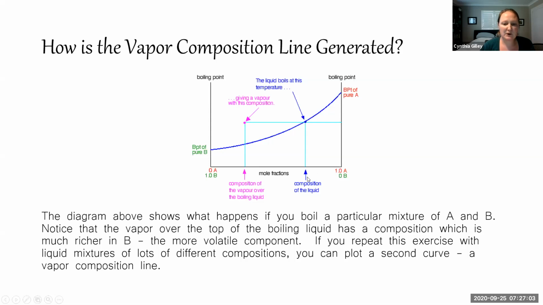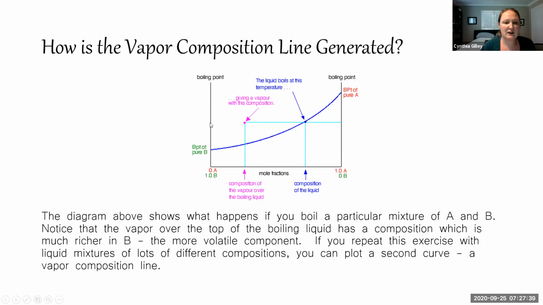Let's say you took a particular liquid mixture and you were to measure the composition of the vapor, meaning the percentage of A and B in the vapor above the liquid mixture. What they see is it's going to be more enriched in the lower boiling or more volatile component. So at a given temperature, which you can see with the line, because boiling point is essentially a temperature, the y-axis is really a temperature scale.